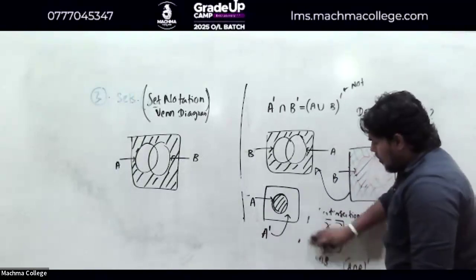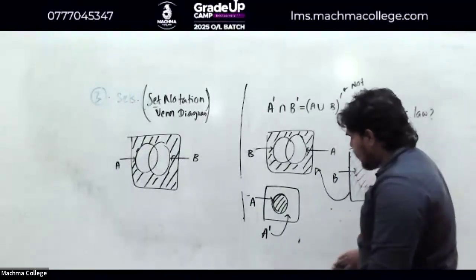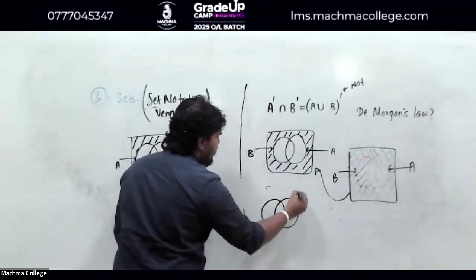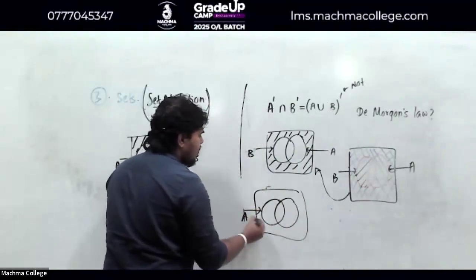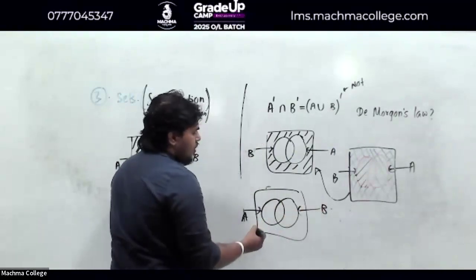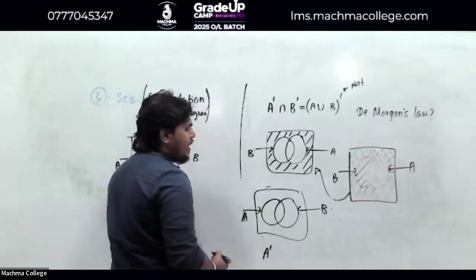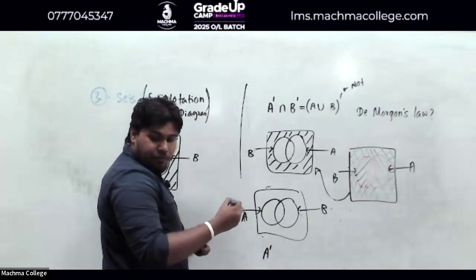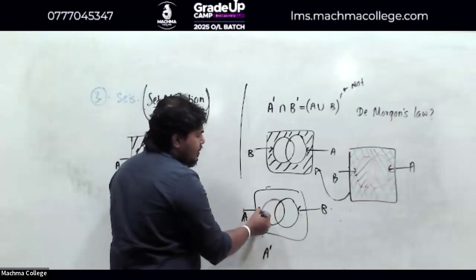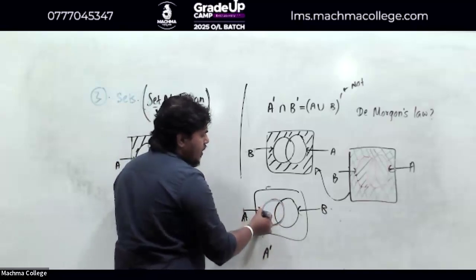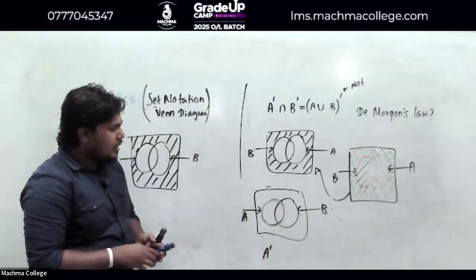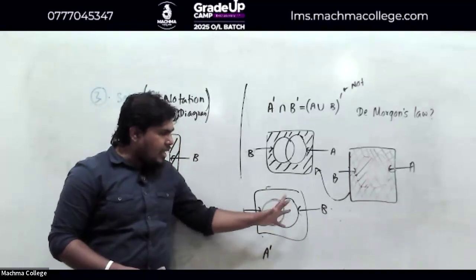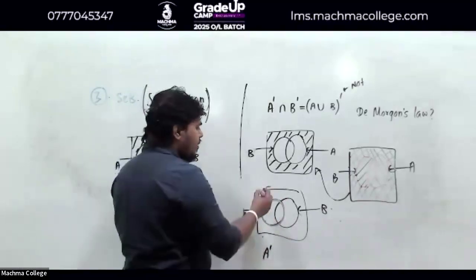Okay, let's take two sets and try to explain it. This is set A, this is set B. Let's say you have to shade only A complement. Listen carefully, focus. A is this, that is set A. A complement means outside A. Outside A is what?